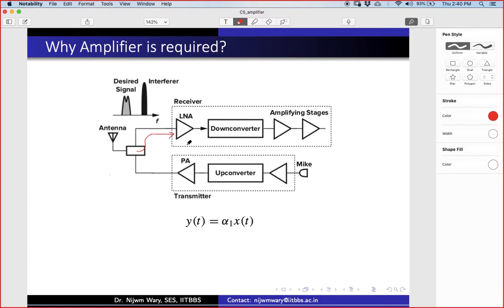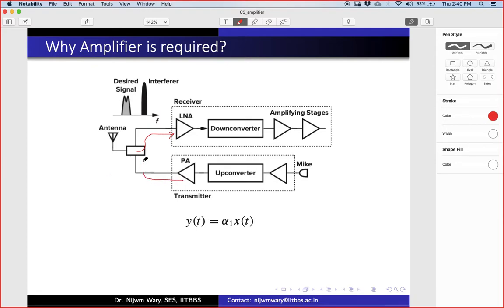So that's why I want to make sure that whatever amplifier I am designing should not add noise to the signal. It should just amplify the signal and not add noise. That's why they are called low noise amplifiers. Of course, it cannot deal with the noise that is already there in the signal. What it means is that this amplifier itself should not add noise when I am amplifying the signal. Whereas the power amplifier requirement is a little different.